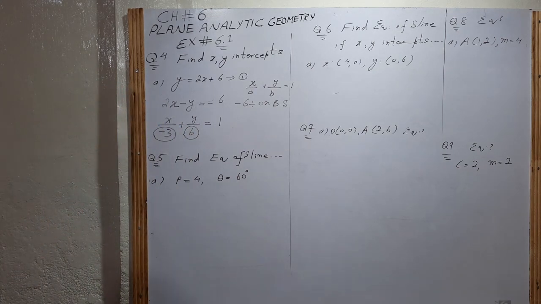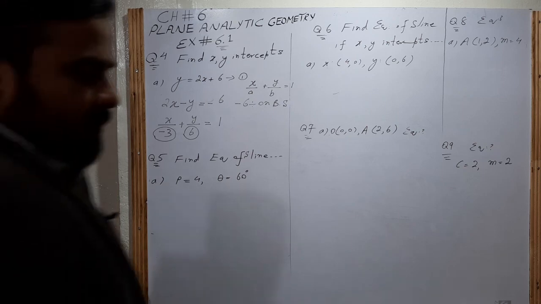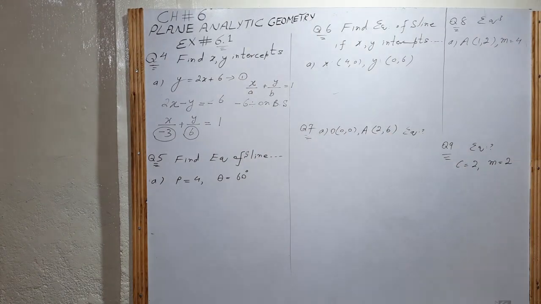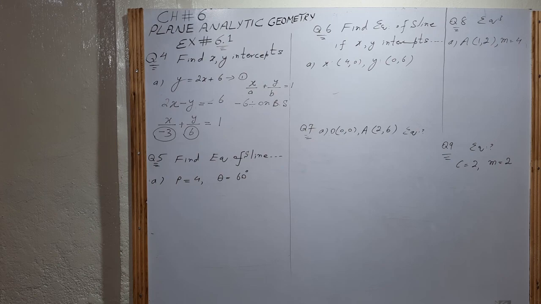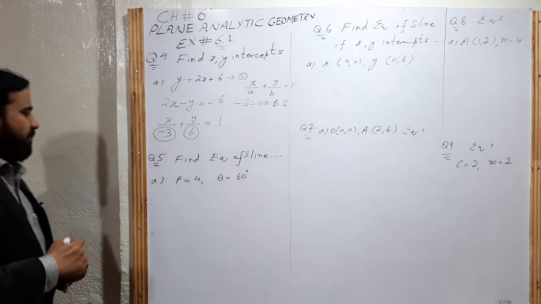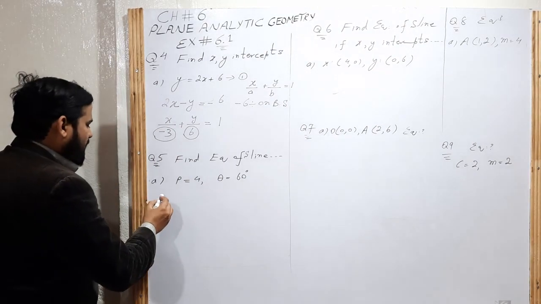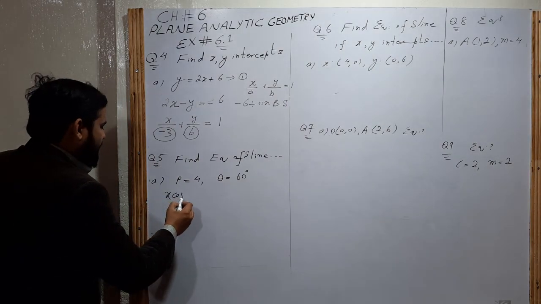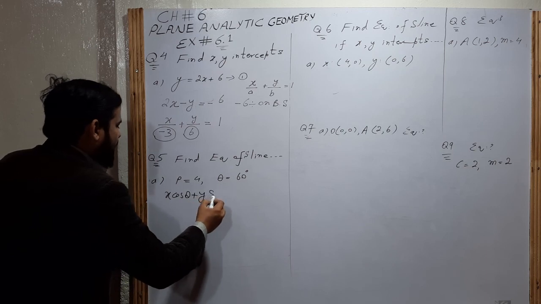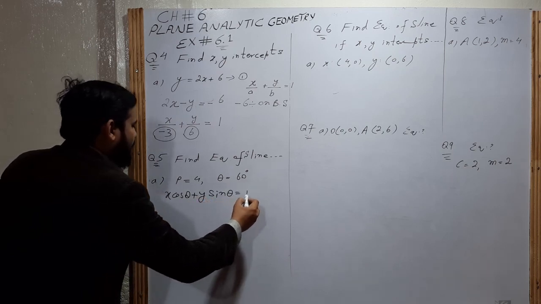Question number 5: find the equation of the straight line when normal conditions are given. The equation of a straight line in normal form is x cos theta plus y sin theta is equal to p.